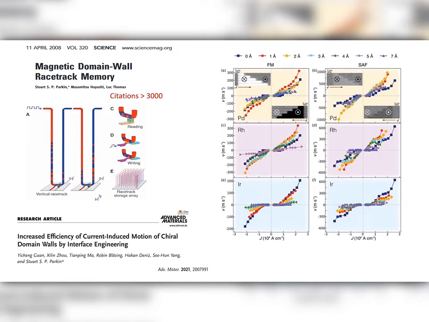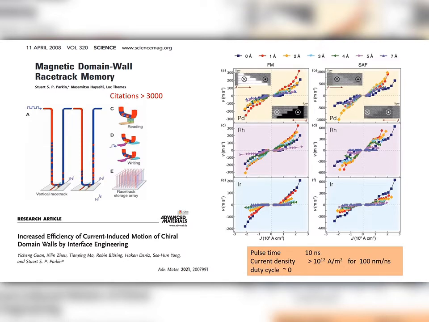Here the authors want to increase the speed of the domain wall. You see how they do it, via a dusting of the interfaces with palladium, platinum, and so on. What you see here is that the current densities to move this domain wall, with a relatively low speed of maybe 100, in the best case some 100 nanometers per nanosecond, are extremely high.